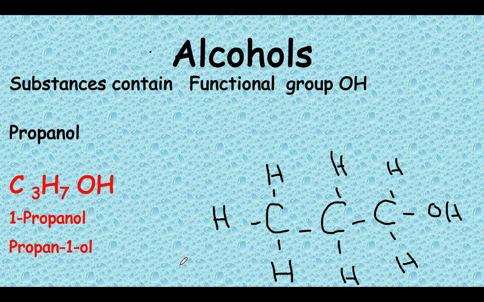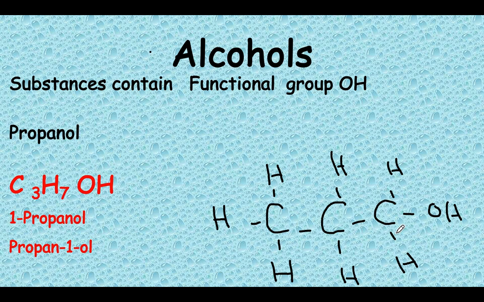Now we have the third. If there are 3 carbon atoms, 1, 2, 3, each carbon atom will be bonded with 3 bonds, and the fourth in common with the other carbon atom. And we have here the carbon atom connected to the OH functional group, which is the functional group for alcohols, and we call this structural formula propanol because there are 3 carbon atoms. 3 means prop.